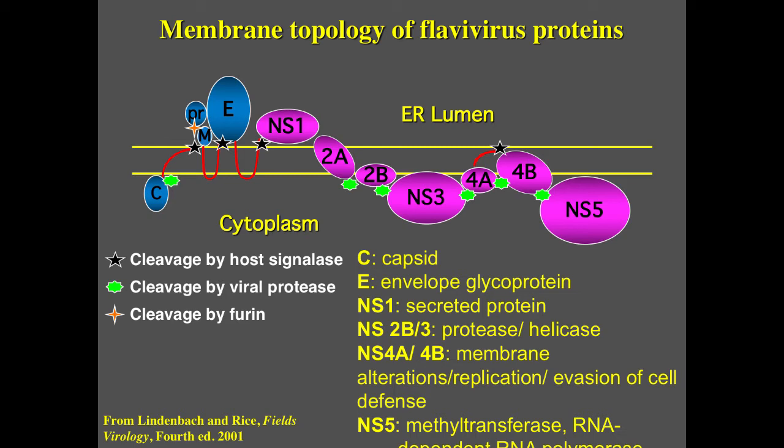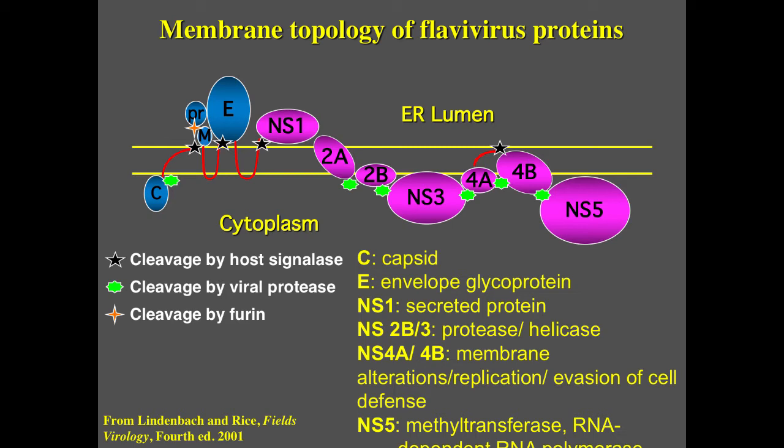Shown here in the black stars are the host cell protease cleavage sites. The virus is translated along the membrane of the endoplasmic reticulum, so some of the proteins are on the ER lumen side and some on the outside. The ER lumen side are going to be the ones that see the outside of the cell, so either the viral envelope or that secreted protein NS1. These are separated from each other by proteolytic events in the ER by the host protease.